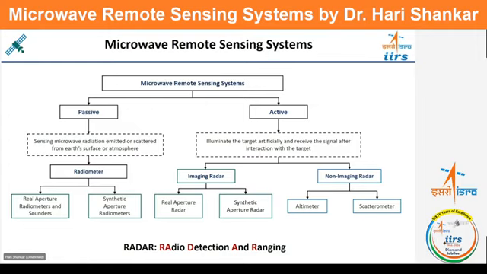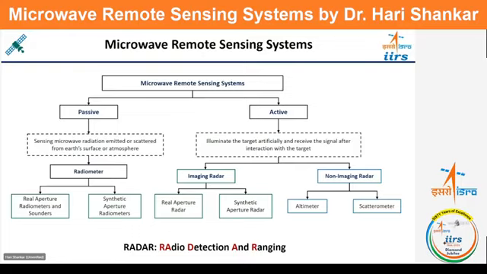And as I mentioned, both the techniques have their advantages and disadvantages. So if you want to analyze them very critically, then you can combine both the data sets. And still, the beauty of this sensing is basically in the active remote sensing, and all these microwave systems use the longer wavelength.